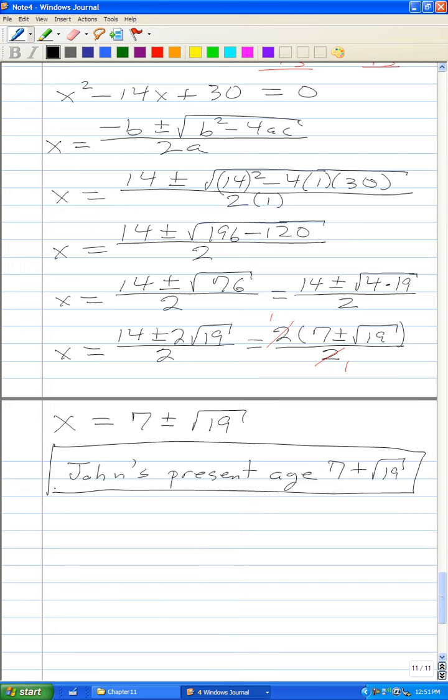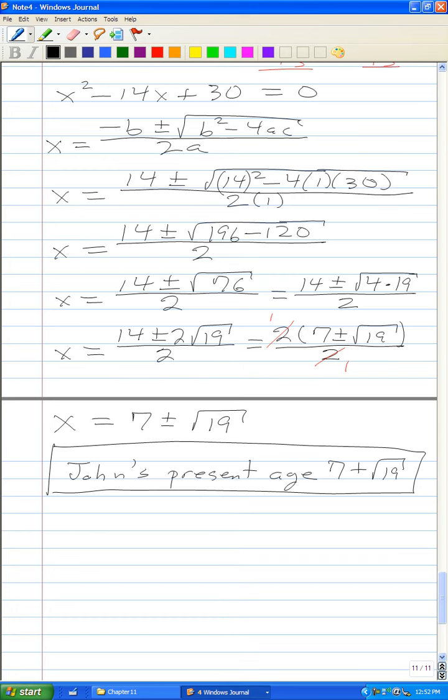Because 9 years ago, you do not want him to have a negative age. And so, since we're giving an age both 5 years ago and 9 years ago, we want both of those ages. 5 years ago, he would also have been at a negative age, so we don't want negative ages.